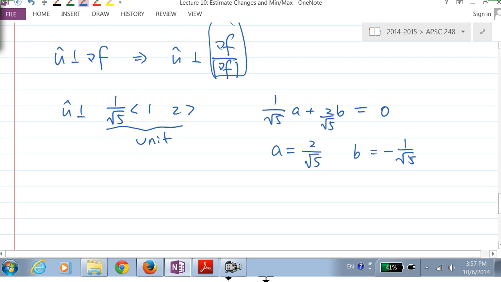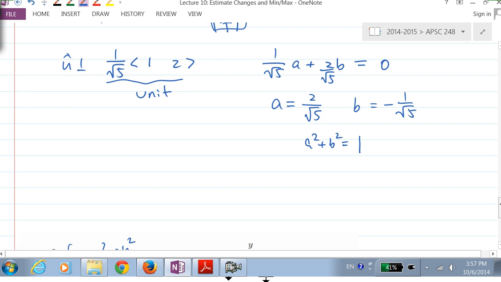Will that work? Yeah. And will A squared plus B squared equal 1? Check it out. Oh, actually, yes, it is 1. Can you see that? A squared plus B squared equals 1.